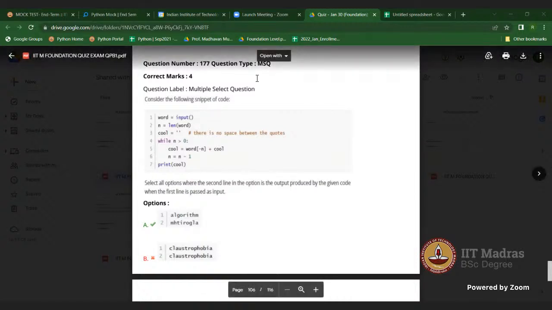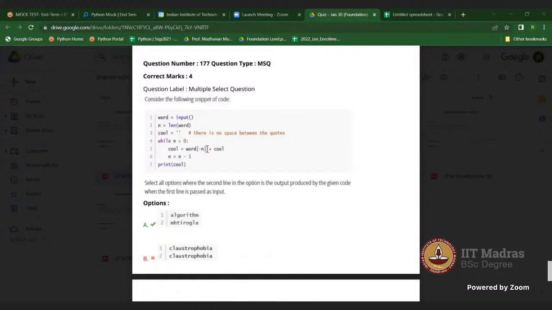Let's say the last letter is word of -1. The last second one will be word of -2. Similarly, the first character will be word of minus length of the word.